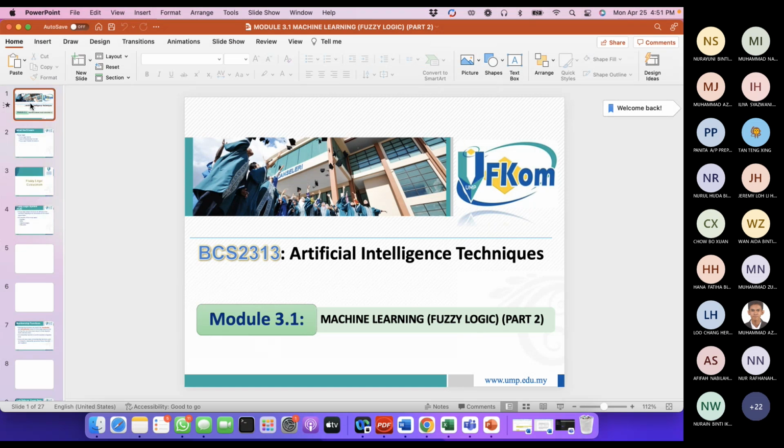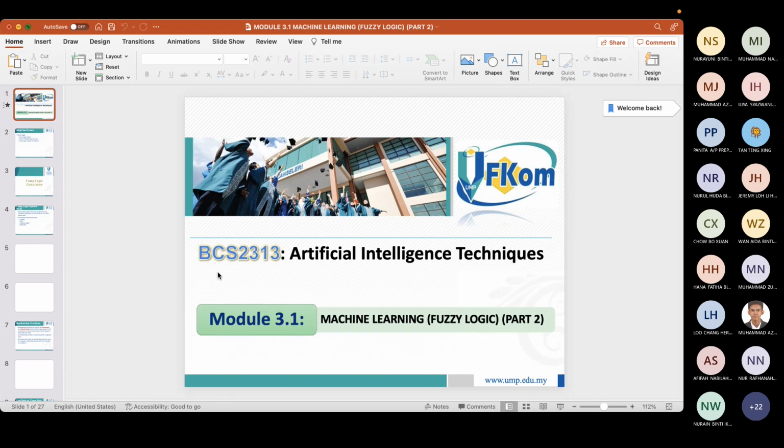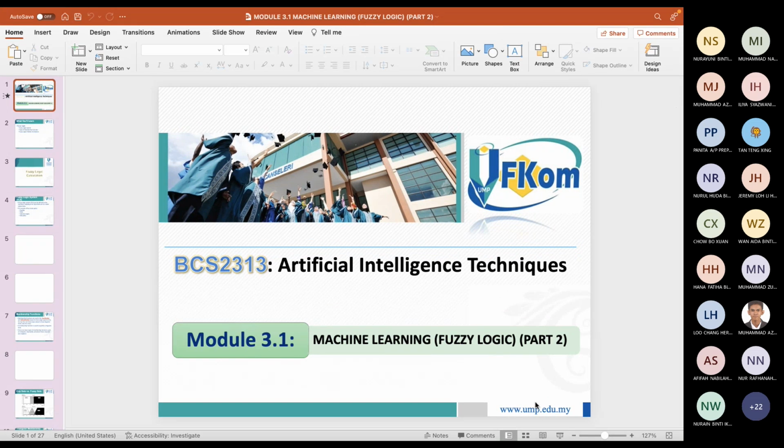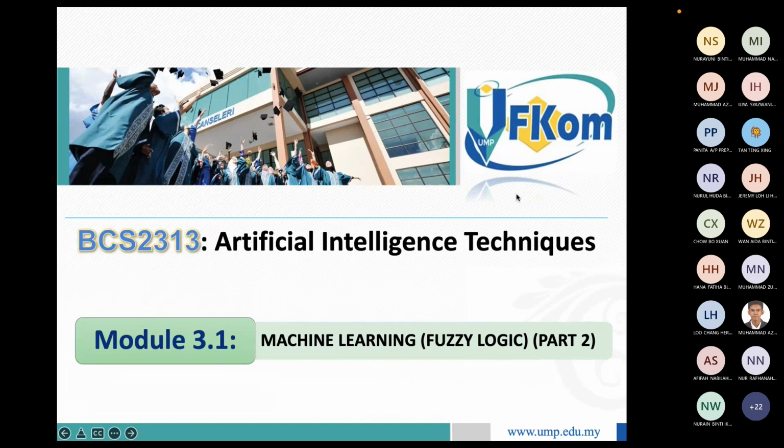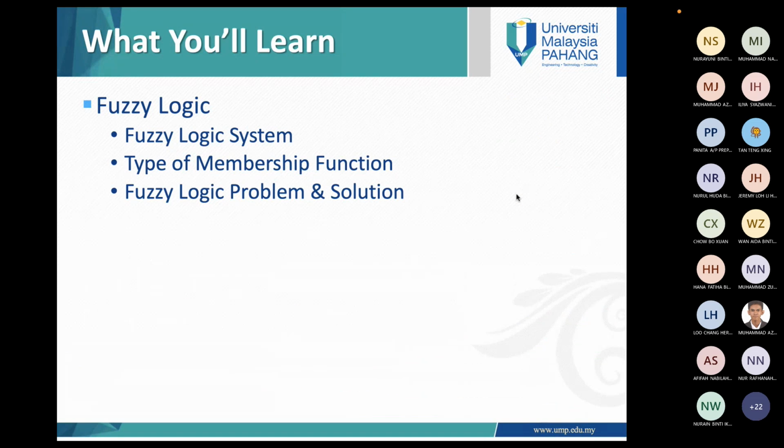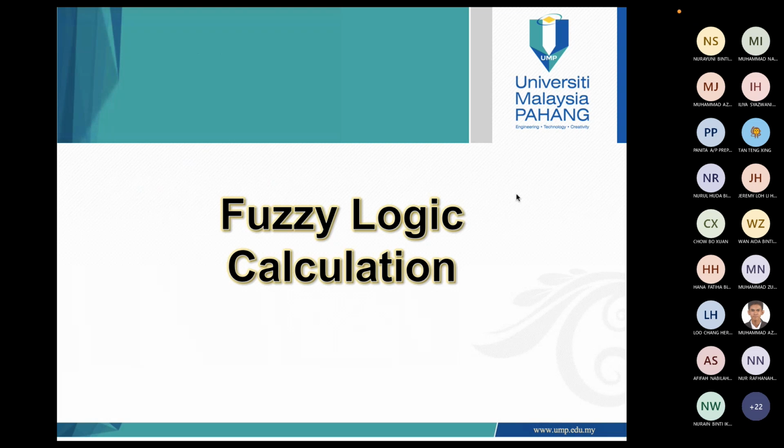Okay, this is part 2. In part 2 we will go through all the calculation. In this part, you will see the fuzzy logic system, types of membership function, and the fuzzy logic problem and solution.